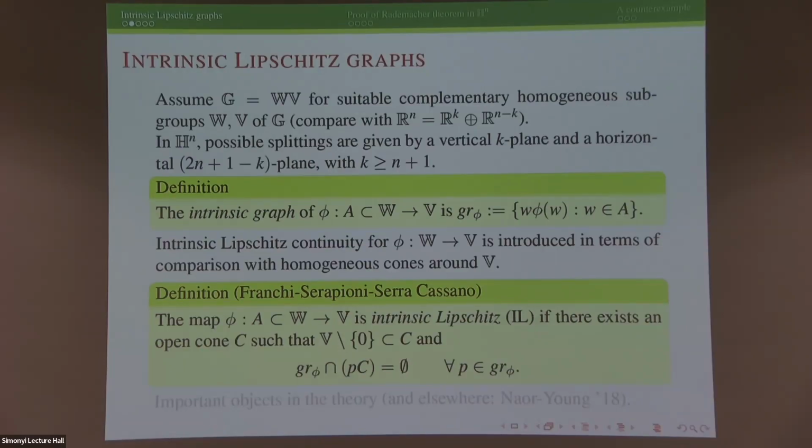The center of the group is actually in your independent variables, in W. The center is the vertical line. But V is abelian, so now I'm confused. V is abelian.